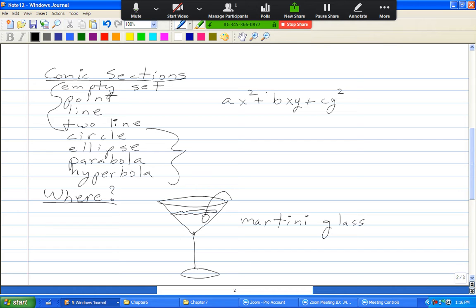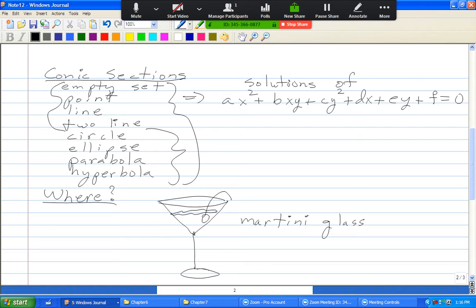So ax squared plus bxy plus cy squared plus dx plus ey plus f equals 0. If I look at any solution of this equation, it turns out to be one of these conic sections.